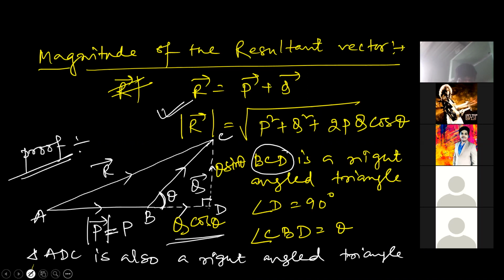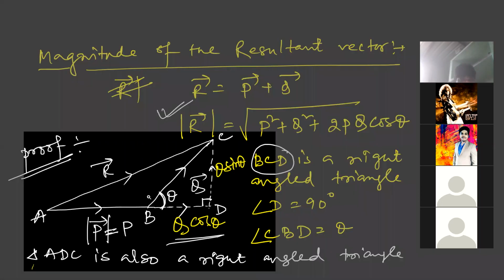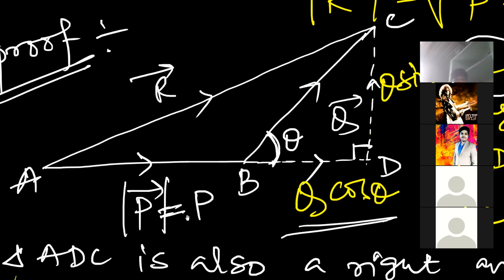If I have to zoom, I can zoom as well. Now just say, if you consider the base only, the two things I can add, that is P and Q cos theta. Whether it is true, whether you have understood this? Yes, sir. Okay, very good.